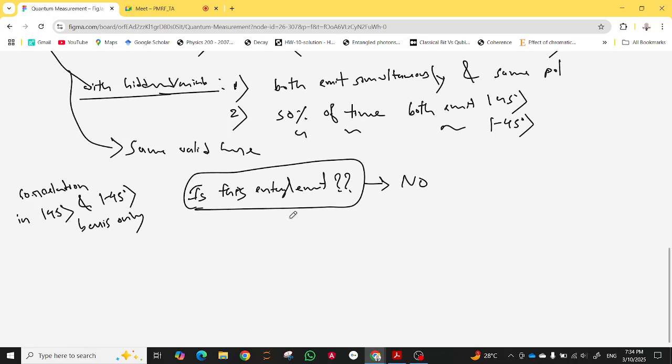Why? Because, again I am saying this is very important, entanglement needs correlation in both bases.